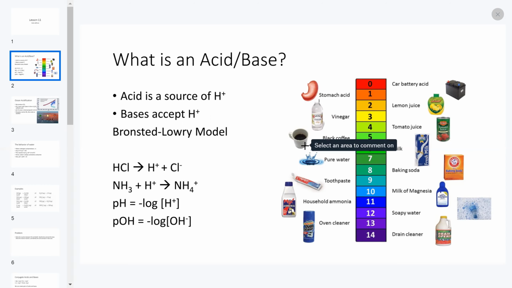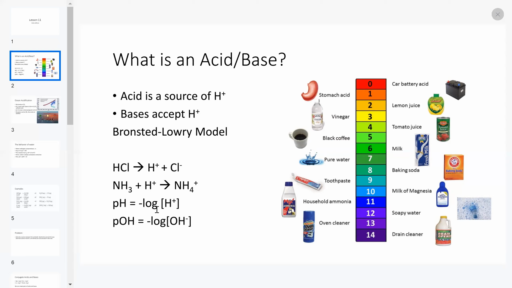So how many of you have heard the term pH before? Yeah. So pH is defined as the negative logarithm of the concentration of hydrogen, H plus, but pOH is a little bit more obscure, and this is the negative log of the concentration of OH minus.